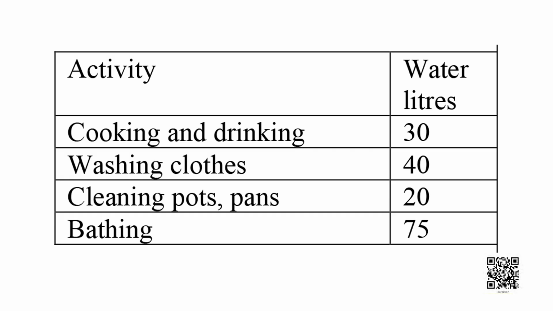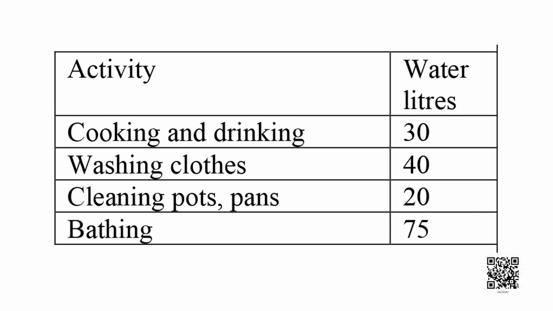Children, the table below shows the water used in one day by a family of 5 people. They live in a Gudalur village. From the table, we can read 30 liters of water is used for cooking and drinking, 40 liters of water is used for washing clothes, 20 liters of water is used for cleaning pots and pans, 75 liters of water is used for bathing.